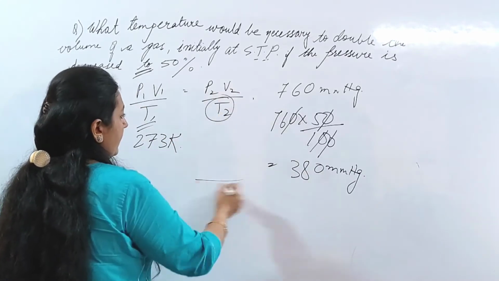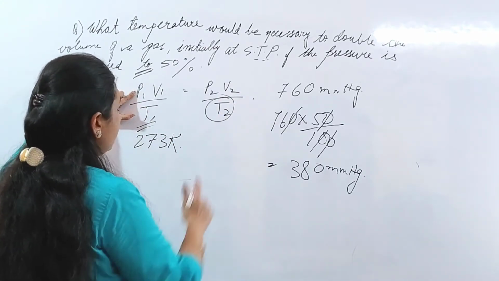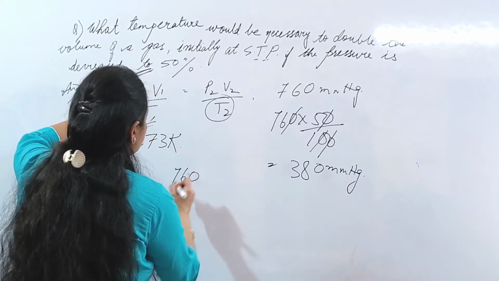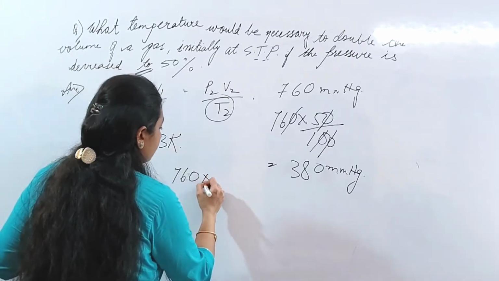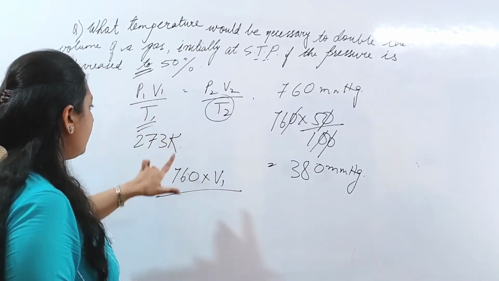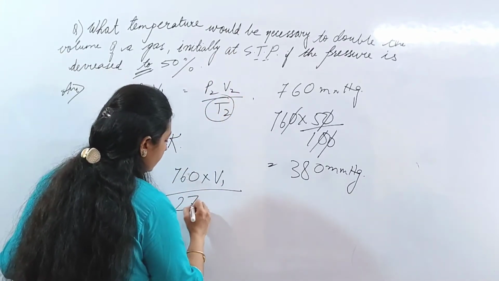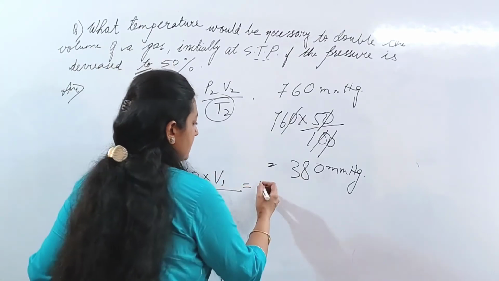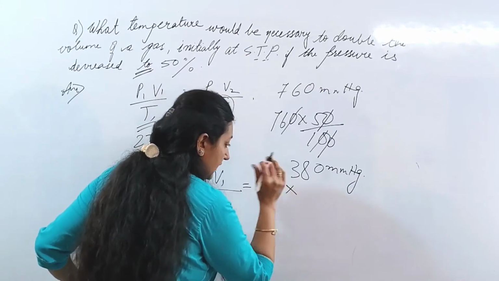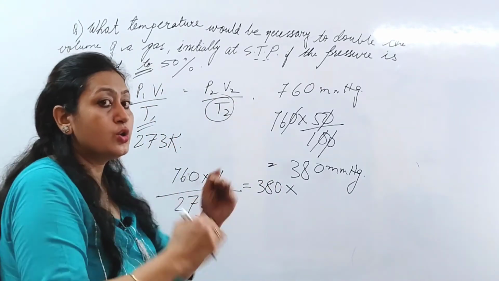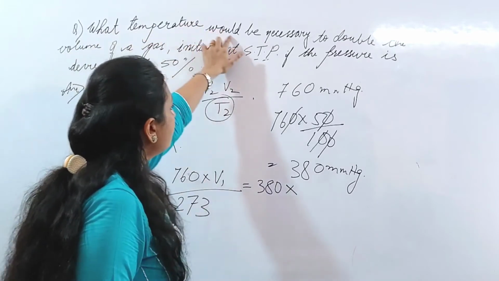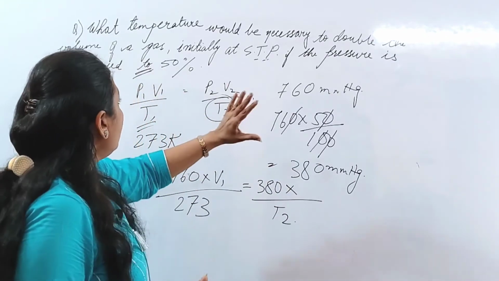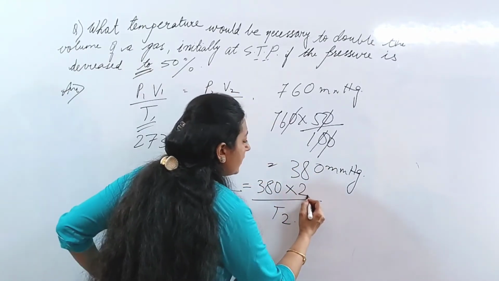So putting the values you get P1 initial, that is 760, V1, we'll keep it as V1, T1, its standard temperature, it's 273 Kelvin. This is equal to P2, which is reduced to 380. We will now take V2 to be 2V2. Why? Because what temperature would be necessary? That means T2 you have to find out to double the volume. That means here you have to double the volume.